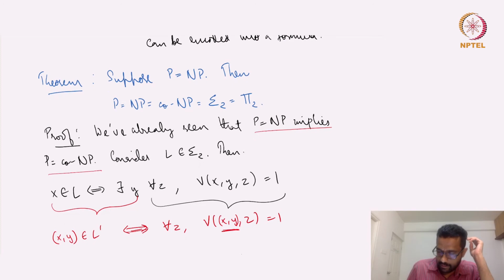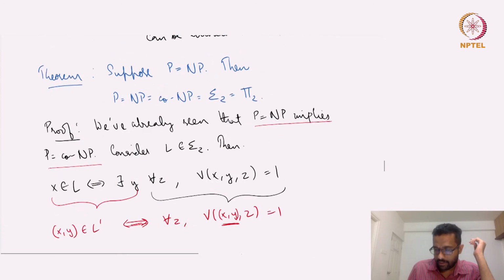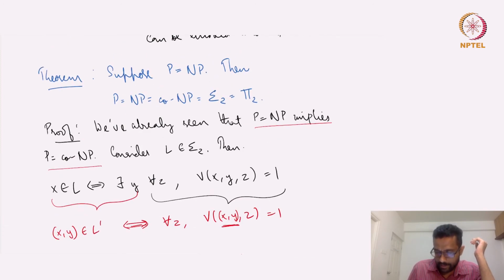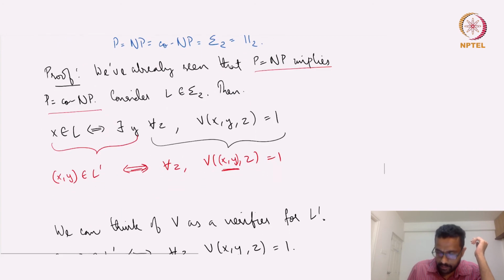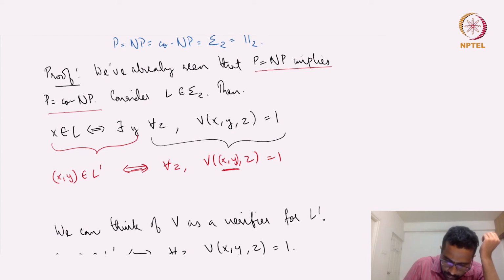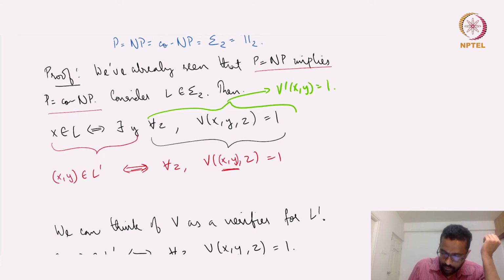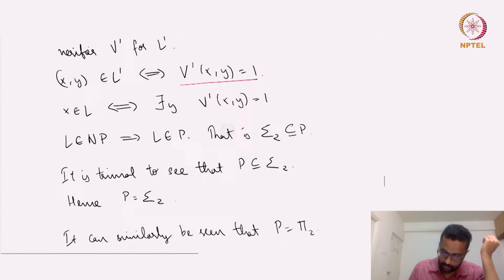The thing is that this role of z is gone because xy is in L prime just has a deterministic verifier, right? So I don't need this z now, so I can just replace it with V prime xy equal to 1. So all that we have is there exists y such that V prime xy equal to 1, right, which is what I've written here.